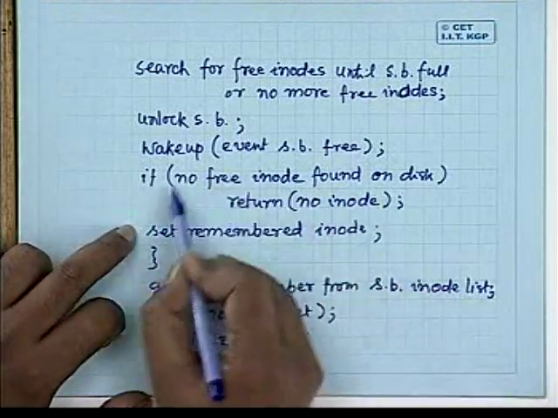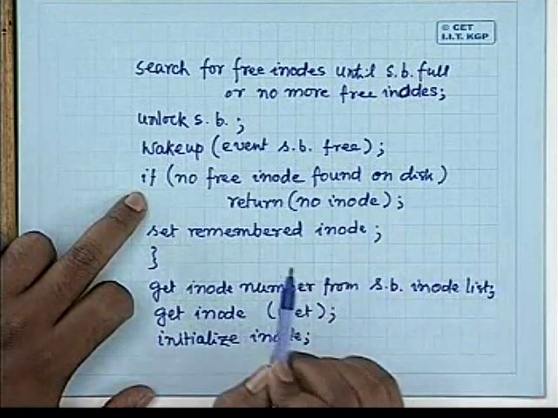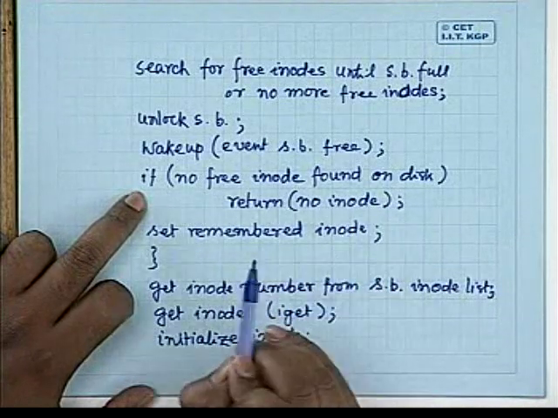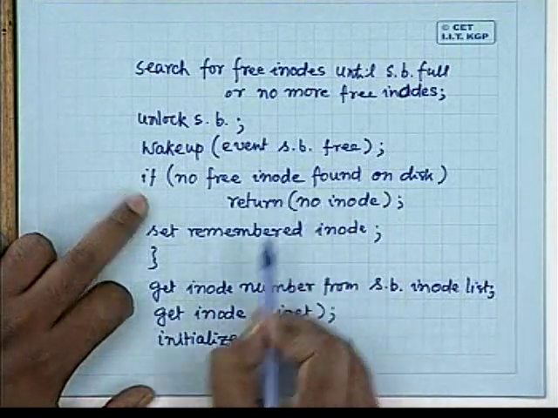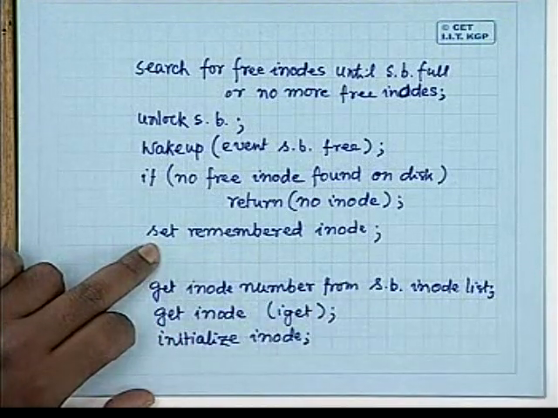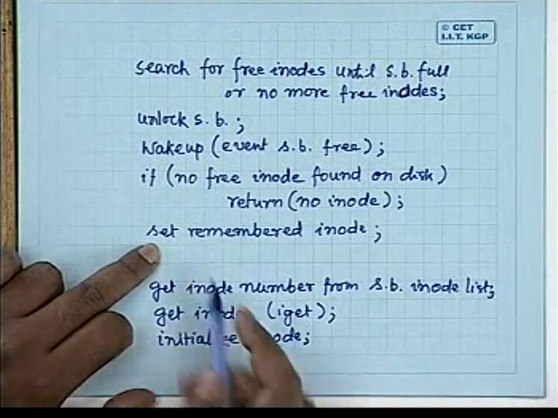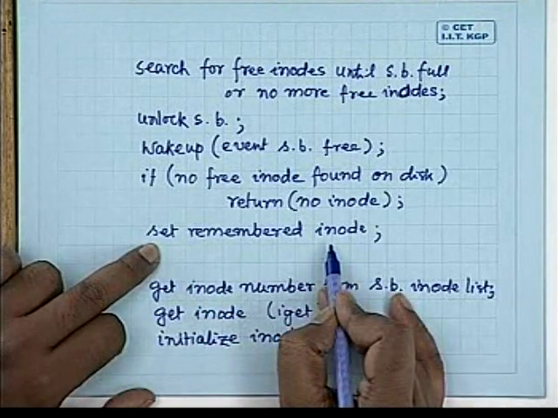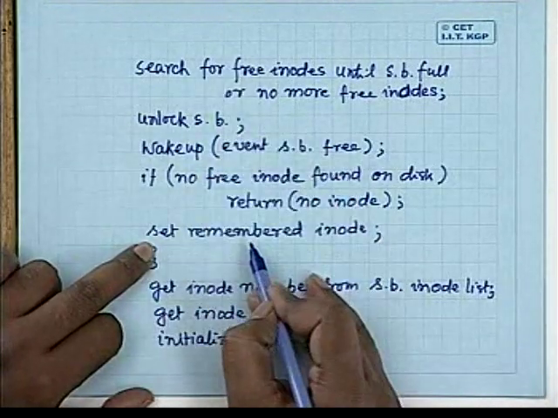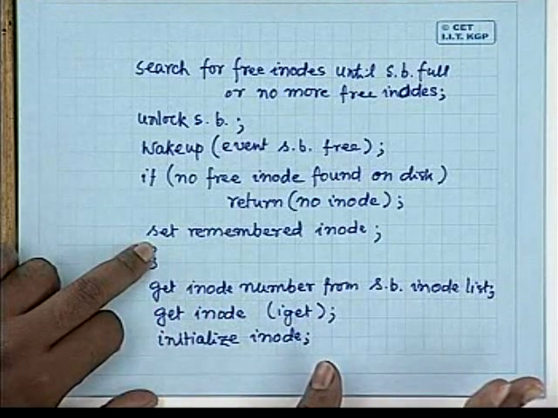Otherwise, if we get one or more inodes on the disk which are unallocated, then to facilitate the following search operation, the search for free inode numbers, we have to set the remembered inode. By this time the superblock free inode list has got a number of unallocated inode numbers.